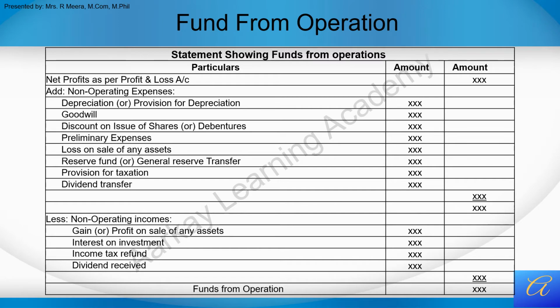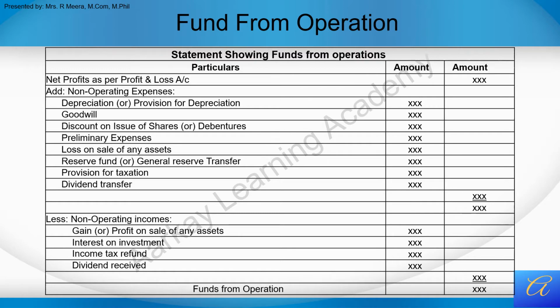These non-operating expenses include depreciation, provision for depreciation, goodwill, discount on issue of shares or debentures, preliminary expenses, loss on sale of assets, transfer to general reserve, provision for taxation, dividend transfer, all those expenses which are not a part of operations.